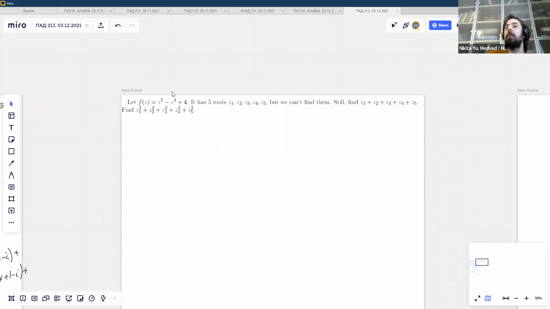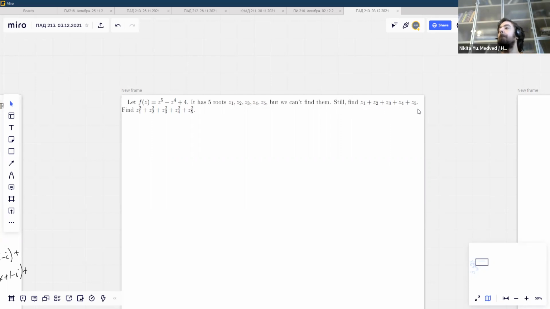You can try to find the roots for this and you won't succeed. So they exist, but we don't have any formula, any way to somehow use them. Still, there is a task to find their sum. We can't find those numbers, but we somehow want to find the sum of those numbers. A very strange situation.